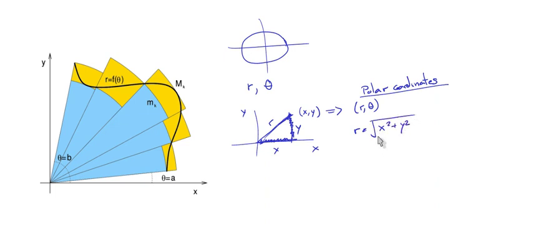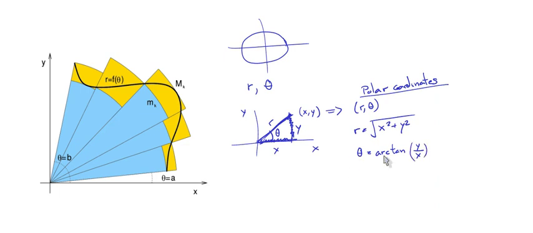And then this is theta, the angle that this point, this vector if you want, makes with the x-axis. So theta is going to be the arctangent of y over x.